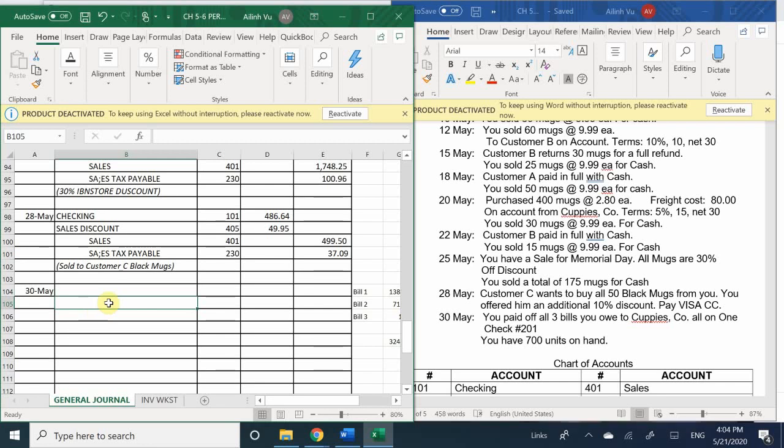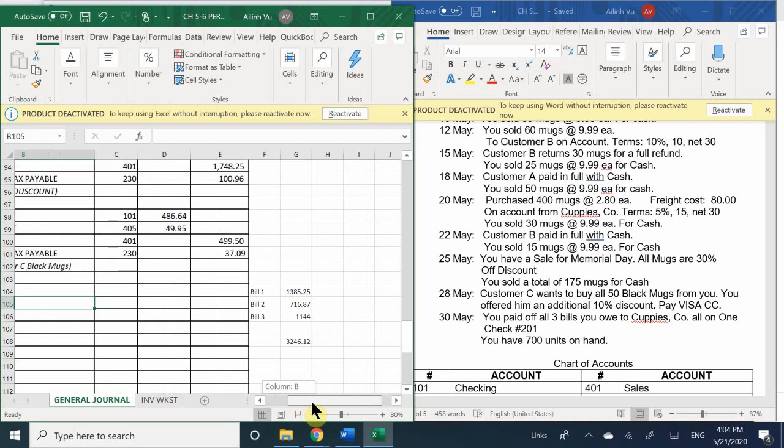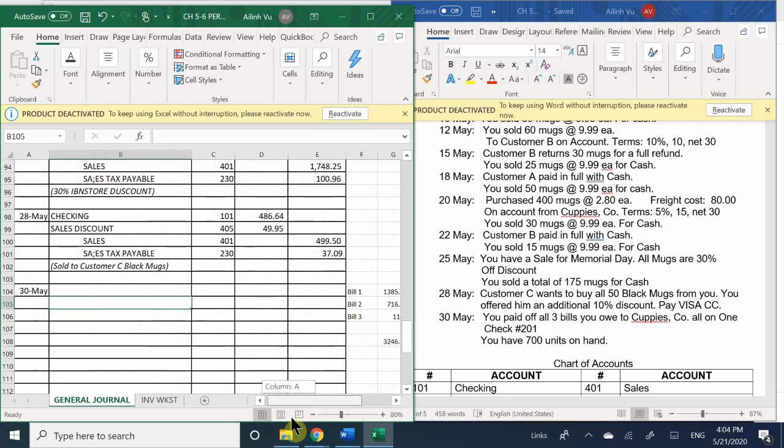With a check, okay? What did you get there? 3,246, and the cents? 12 cents. Okay. 3,246 and 12 cents.